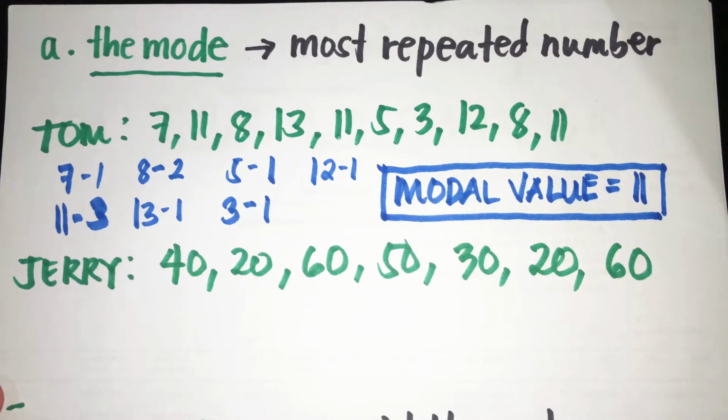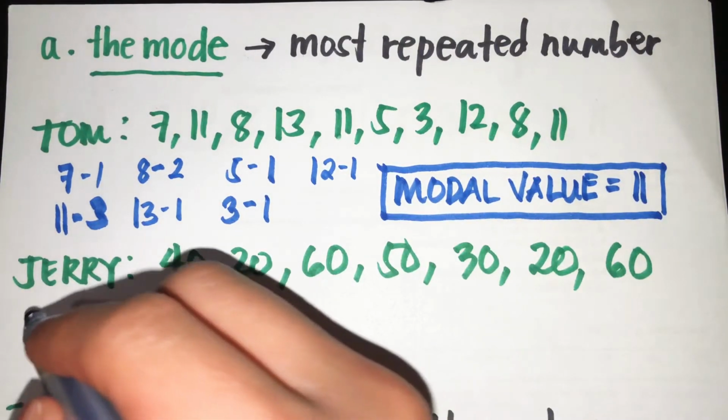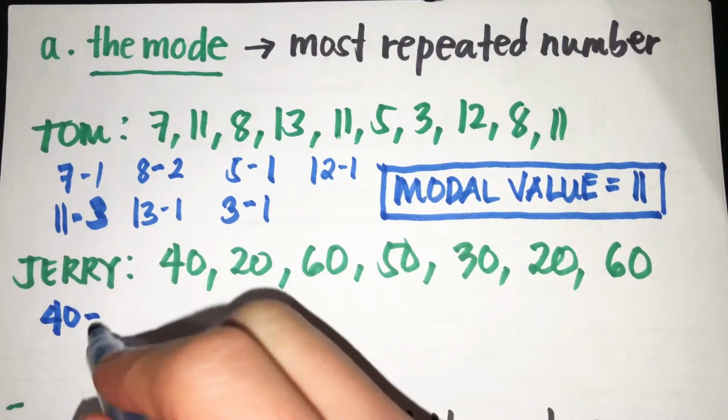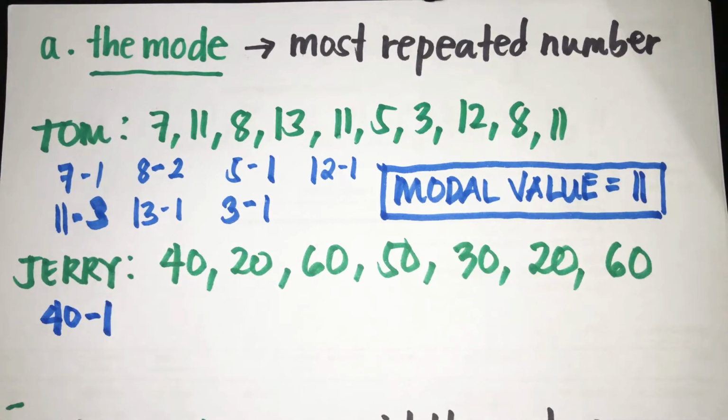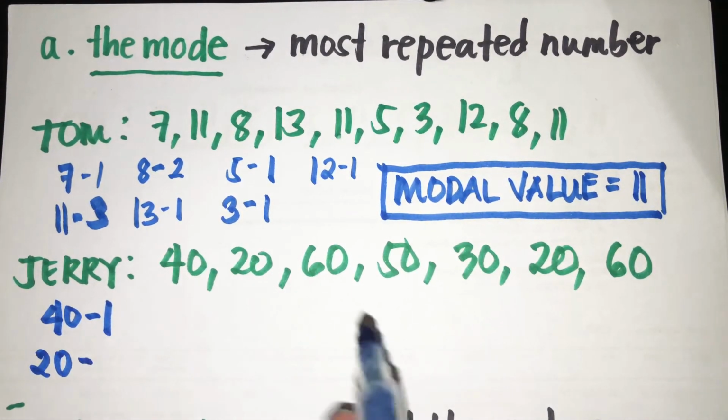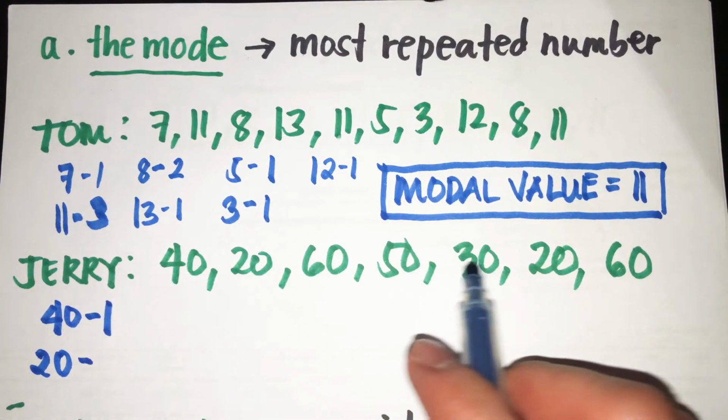Okay? Now for the next one, the scores of Jerry, so let's start with 40. So 40 appears once in the data. Then for 20, we have 1, 2.